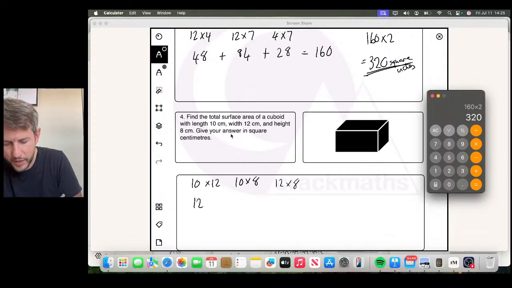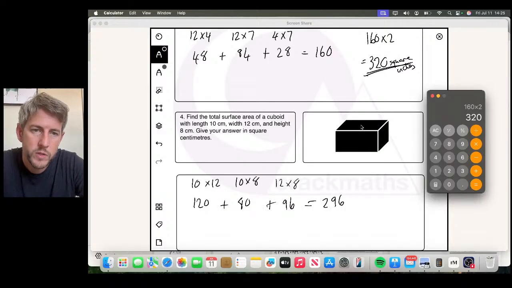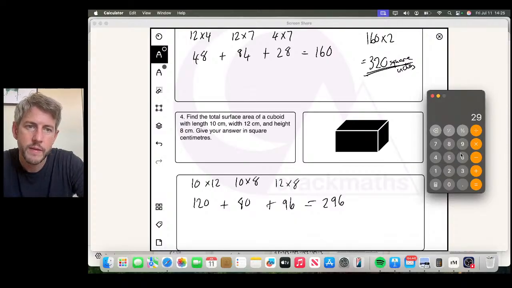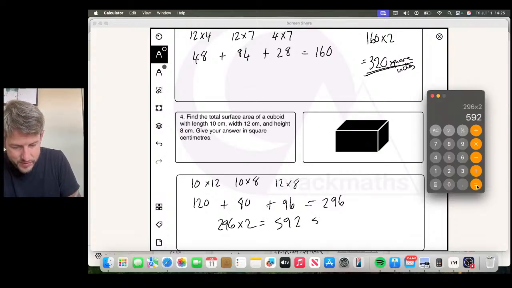So 10 by 12 is 120, 8 by 10 is 80, and 8 by 12 is 96. Then if we add these together, this is nice, because 120 and 80 pair to 200. So these add together to give 296, and then we can multiply that by 2. So 296 times 2 equals 592, and that is square centimeters.